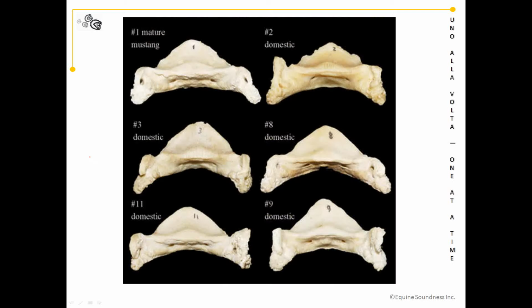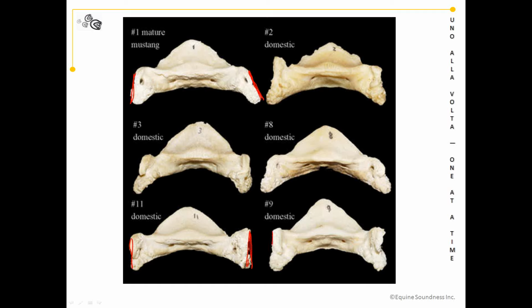We also have here, when you look at these coffin bones, another thing that often happens, and this is that the palmar process is very slanted on the right side and very upright on the left side. And in this one here, it is very upright on the right side and very upright on the left side.